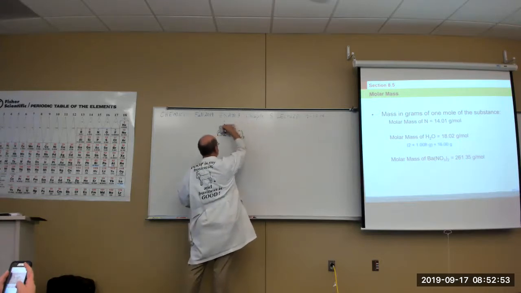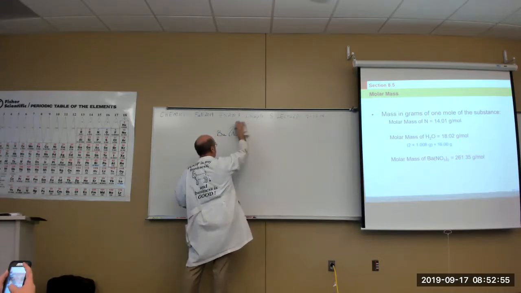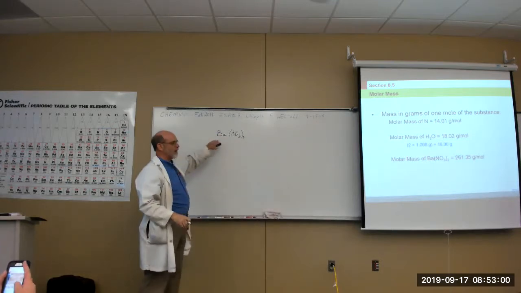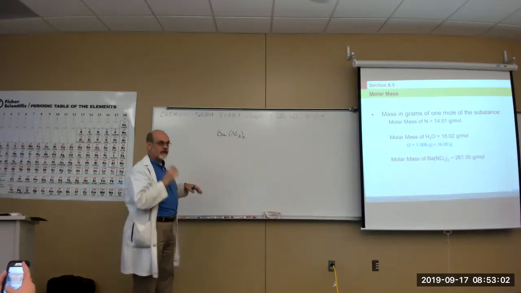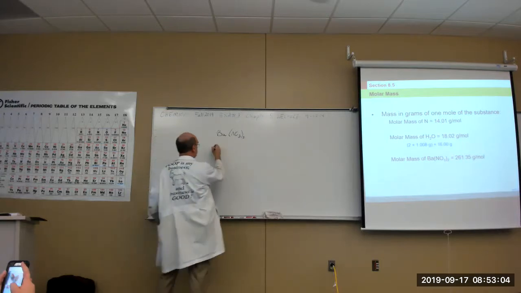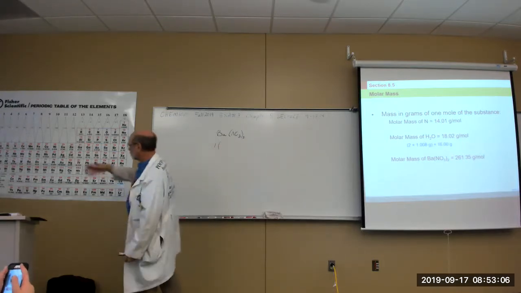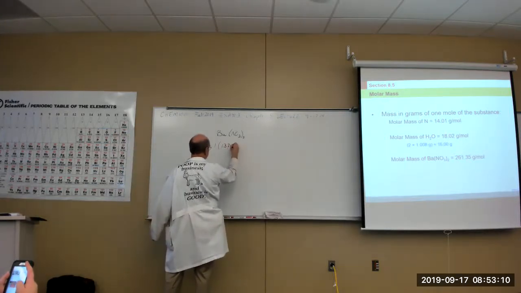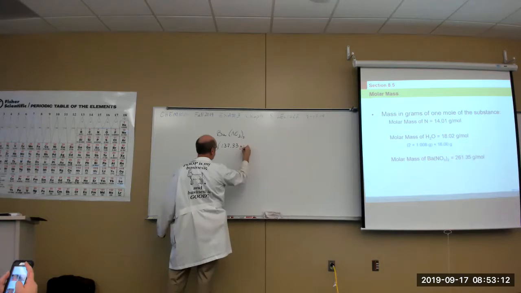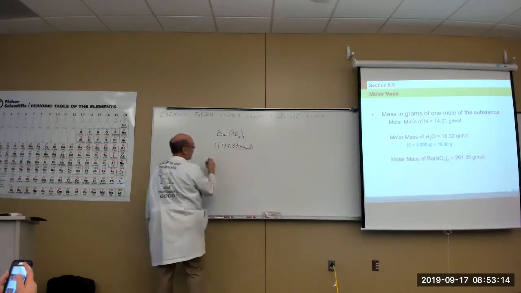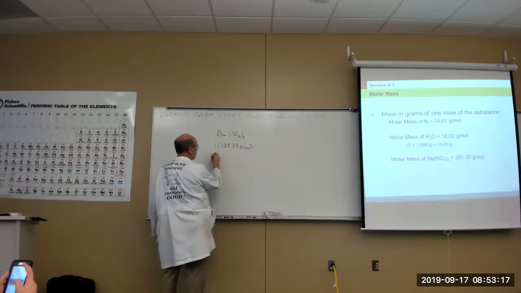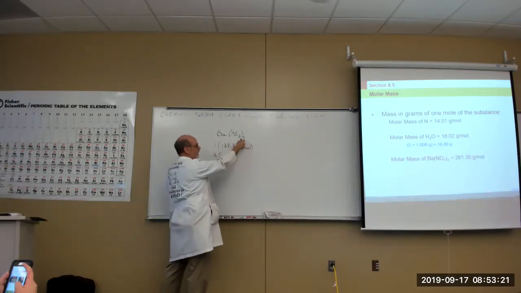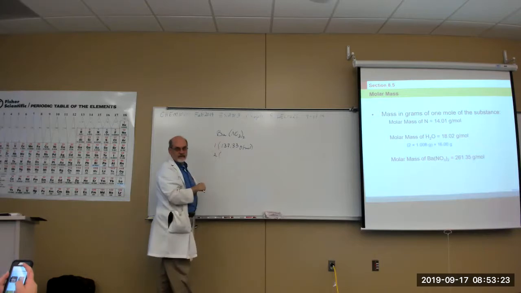Okay, so now that we have that established, what's the molar mass of that molecule? We take barium; we've only got one barium. So we look it up: 137.33. And how many nitrogens do we have? 2, because that subscript propagates through everything in the parentheses.